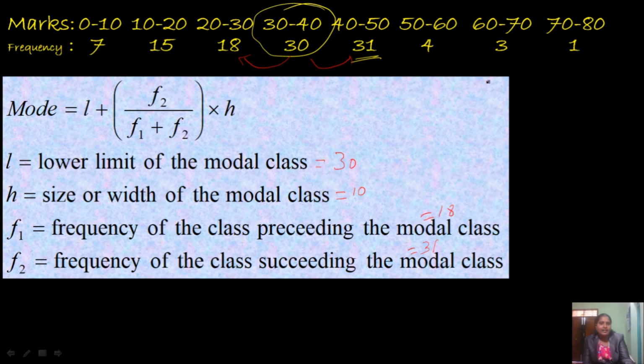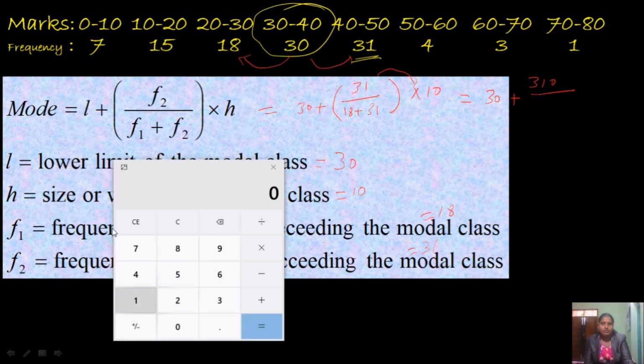So we calculate the value of mode now. Mode is equal to L, that is 30, plus F2, that is 31, over F1 plus F2, 18 plus 31, into H. So that's equal to 30 plus, when you multiply 31 with 10, we have 310, divided by, when we add 18 plus 31, we have 49.